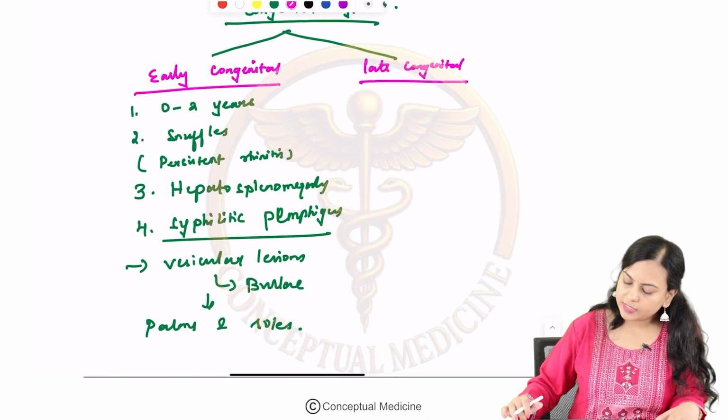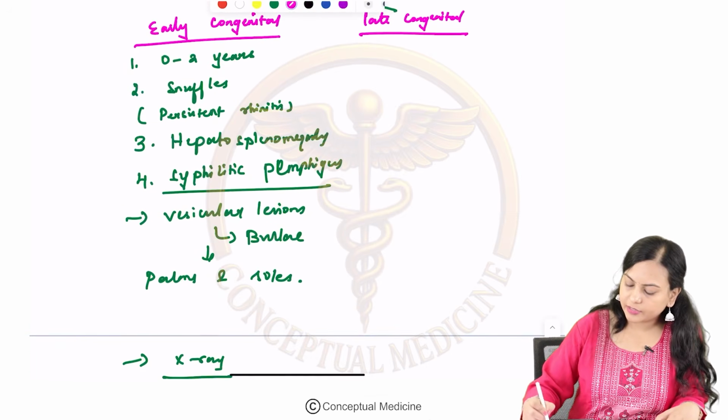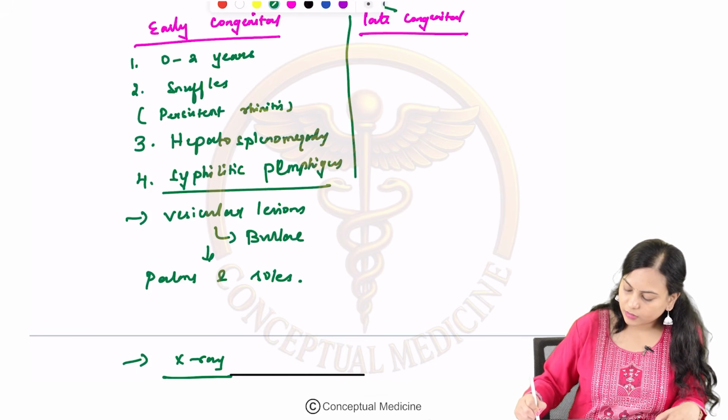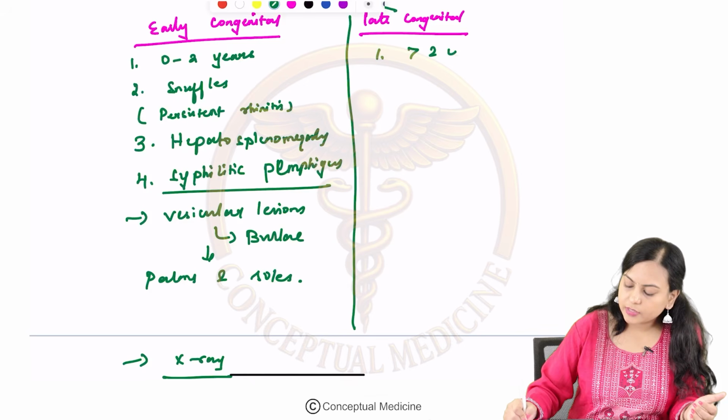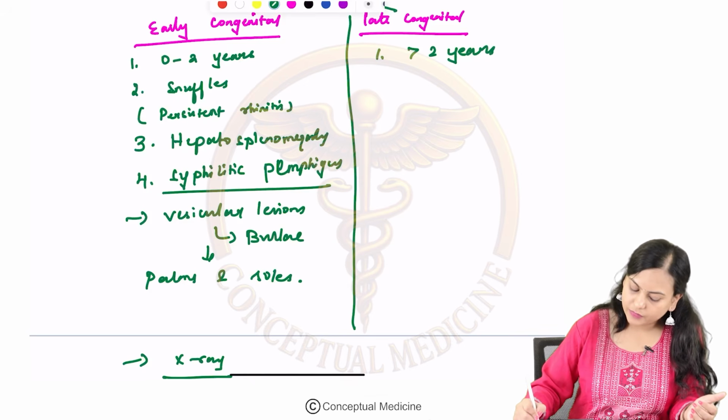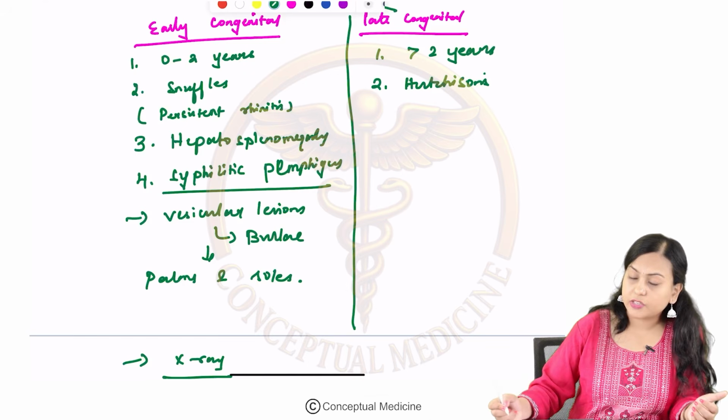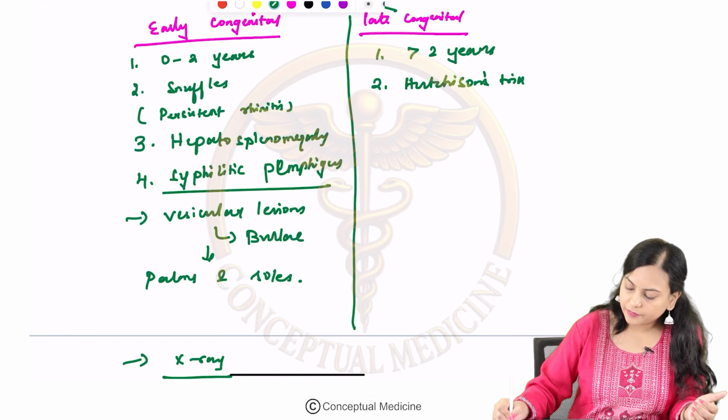Okay, now we will see the features of the late congenital syphilis. So, here the features are seen after 2 years of birth, and you will be able to see a triad called Hutchinson's triad.